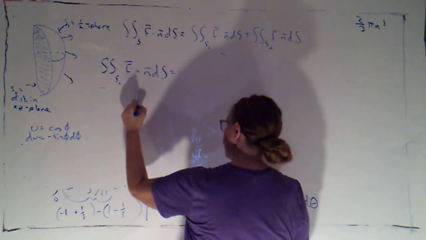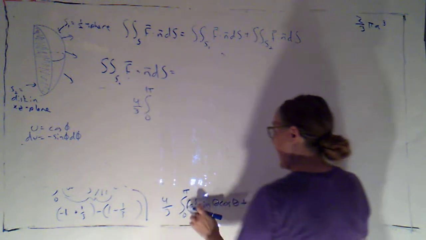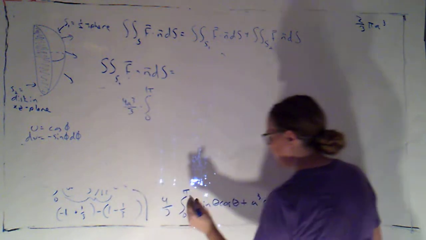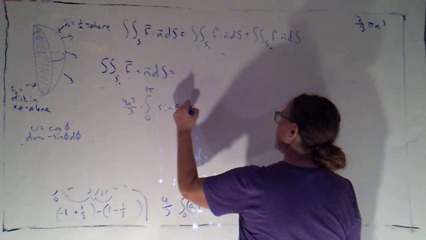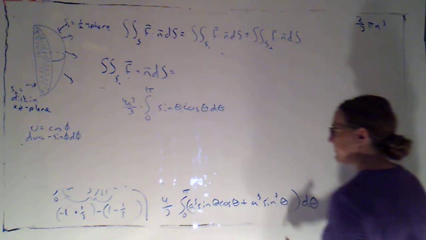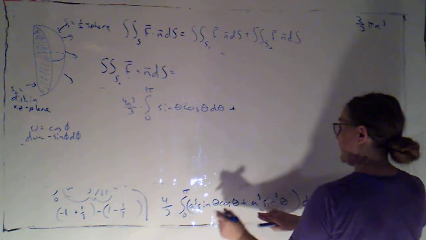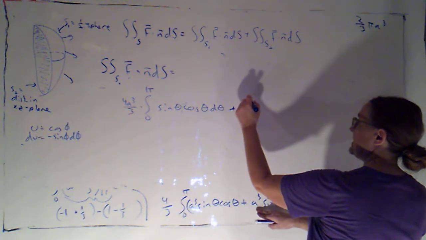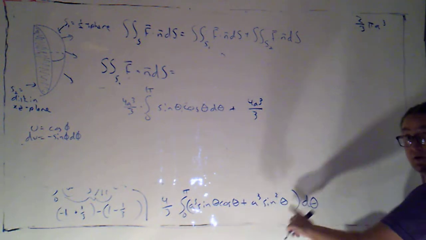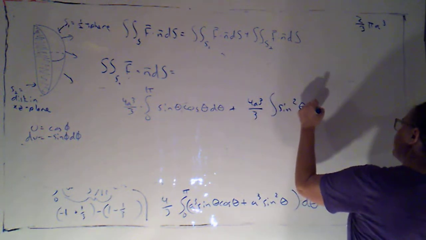Okay, so we've got 4/3 of the integral from 0 to pi, a cubed, I'm actually going to just factor that out, so that's going to be 4a cubed over 3, sine theta, cosine theta, d theta, plus, I'll still have the 4/3, and I can factor out this a cubed again, so 4a cubed over 3. But do be careful, that 4/3 applies to both of them, so make sure you distribute it when you break it up. And then it's the integral of sine squared theta d theta.